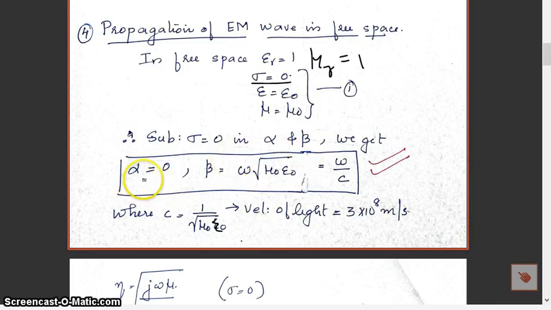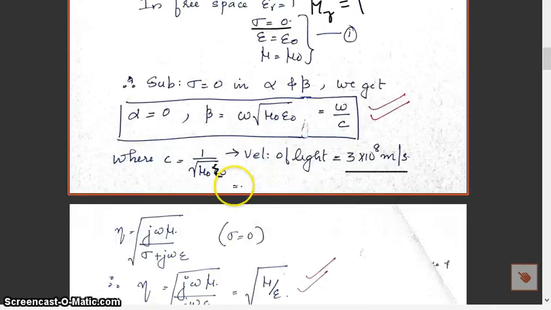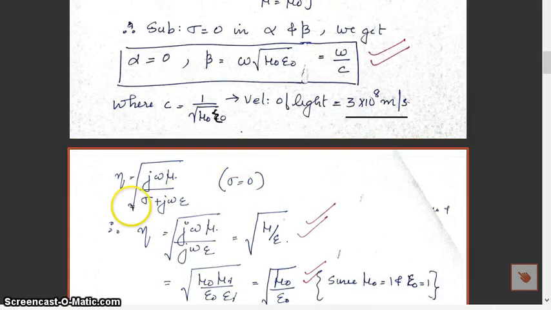So I will get alpha is equal to 0 and beta is equal to omega square root of mu 0 epsilon 0. In the earlier case it was mu epsilon, here it is mu 0 epsilon 0, which is equal to omega by c, where c is equal to 1 by square root of mu 0 epsilon 0, whose value is 3 into 10 raised to 8 meter per second.